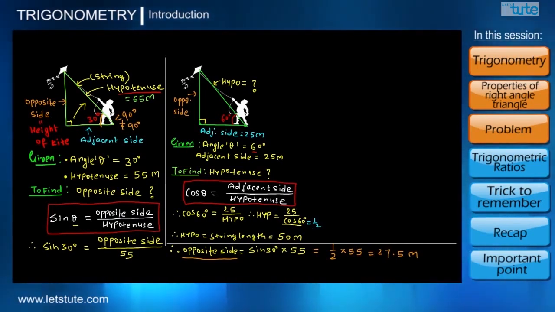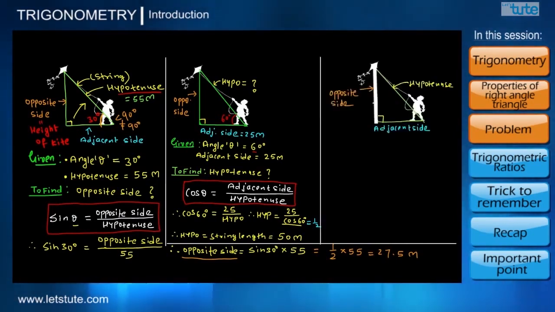Now the third case is, suppose I know my kite height is 35 meters from the ground, and with this the string angle made is 45 degrees, and I want to know the distance on the ground, that is the adjacent side.